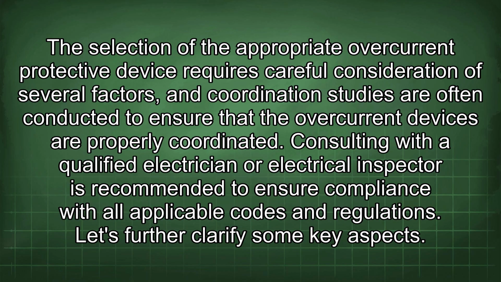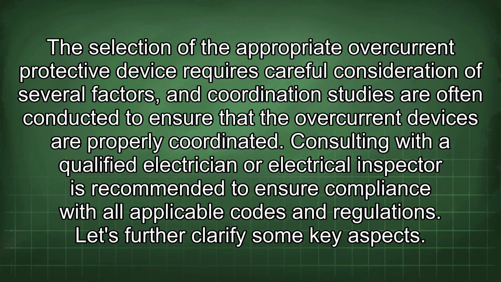The selection of the appropriate overcurrent protective device requires careful consideration of several factors, and coordination studies are often conducted to ensure that the overcurrent devices are properly coordinated. Consulting with a qualified electrician or electrical inspector is recommended to ensure compliance with all applicable codes and regulations.